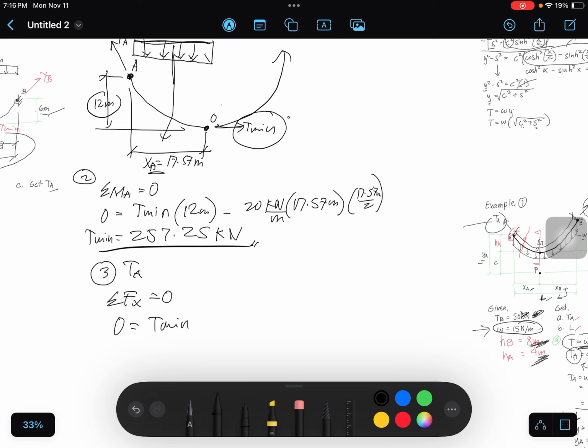Going to the left si TAX. So, TAX is equal to T-min lang. TAX is equal to 257.25 kilonewton.